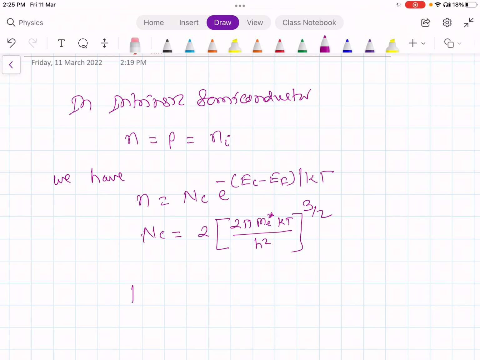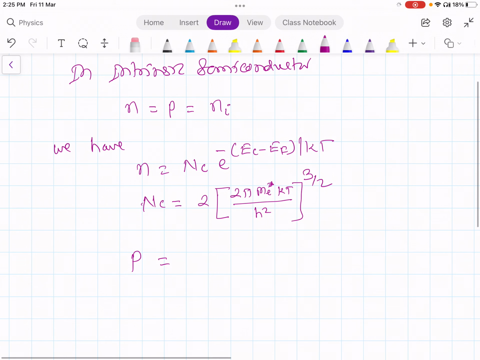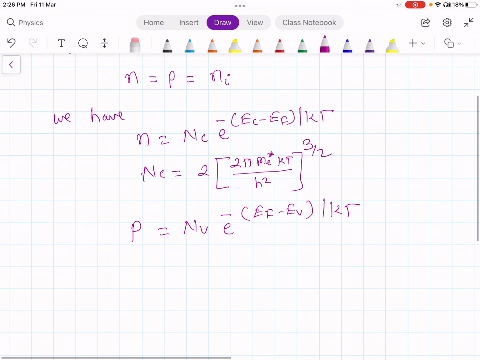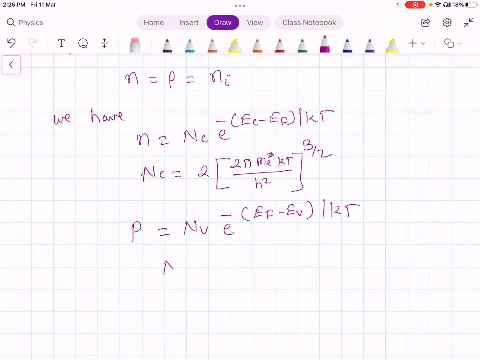Also, the number of holes is equal to Nv e raised to minus of Ef minus Ev by kT, and in this case Nv is equal to 2 into bracket 2 pi mh star kT upon h square raised to 3 by 2. So we already derived these equations.